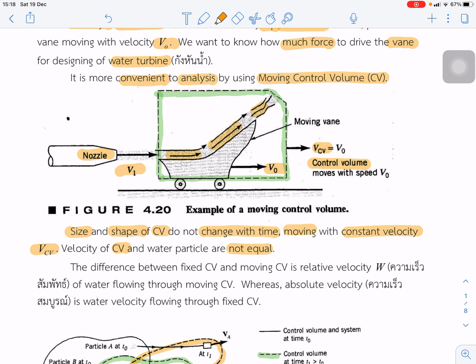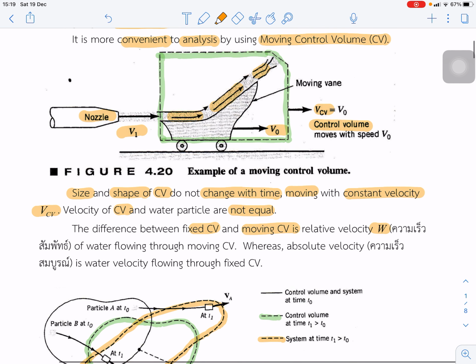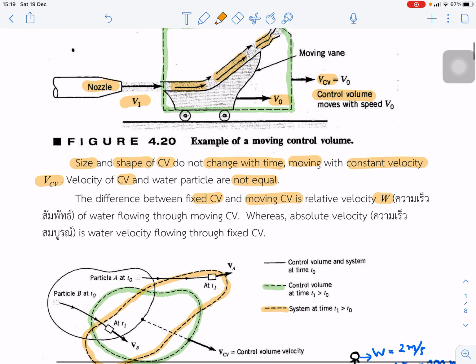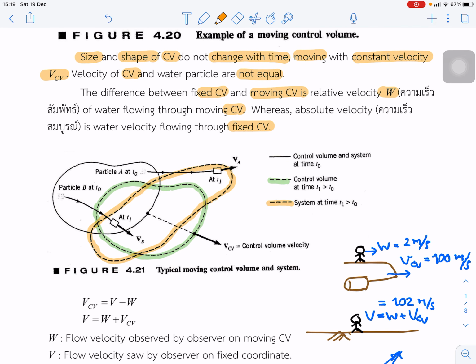The difference between the fixed control volume and moving control volume is the relative velocity W, or relative velocity, of water flowing through the moving control volume, whereas the absolute velocity is the water velocity flowing through the fixed control volume. This figure shows the typical moving control volume and the system.